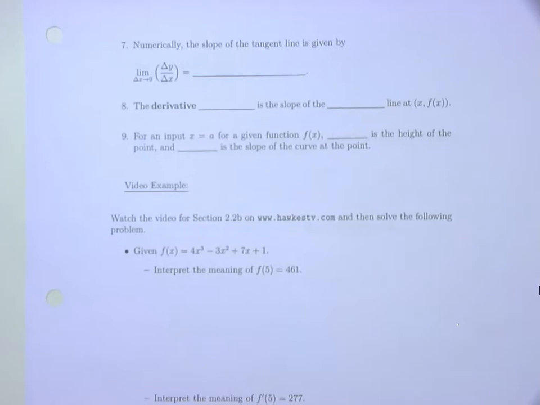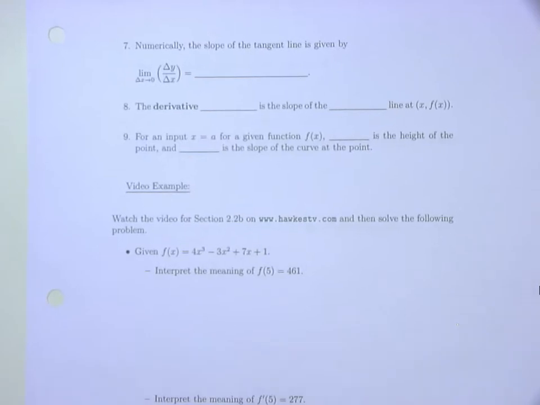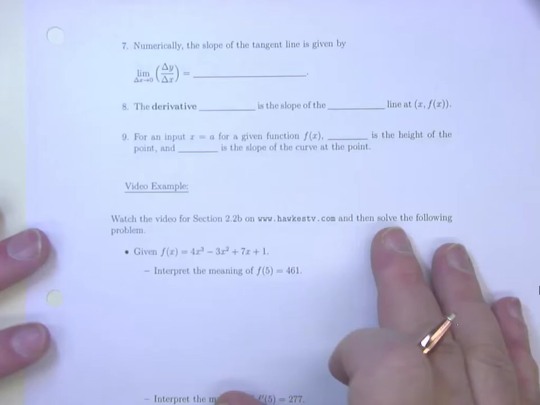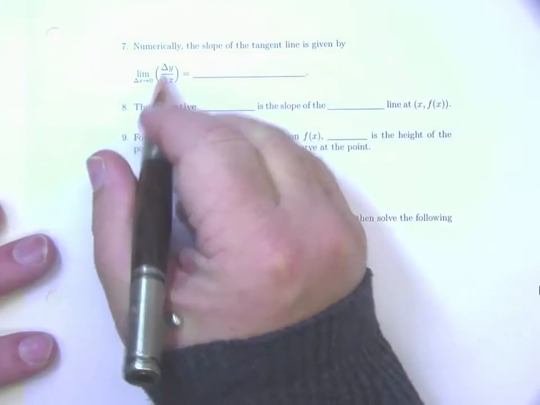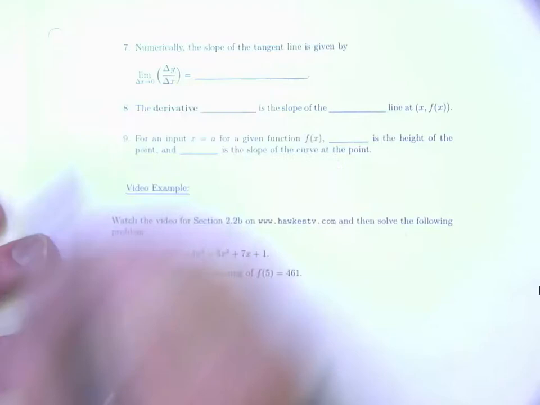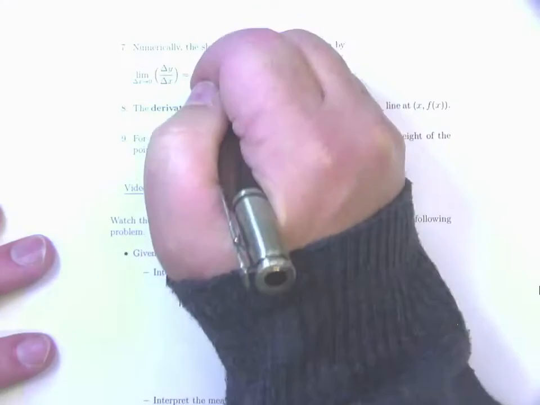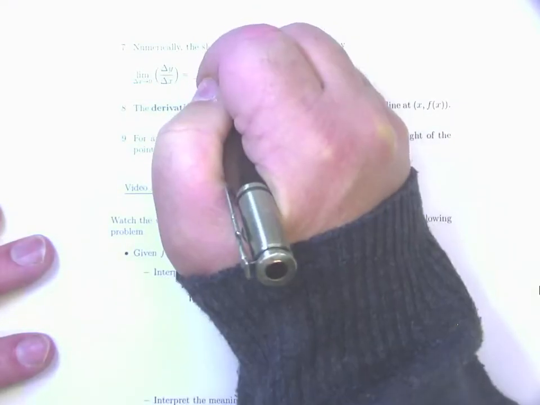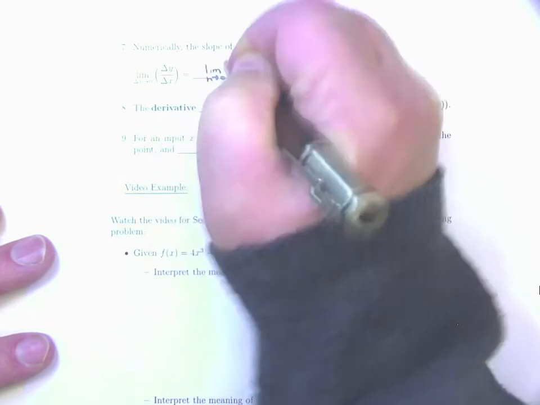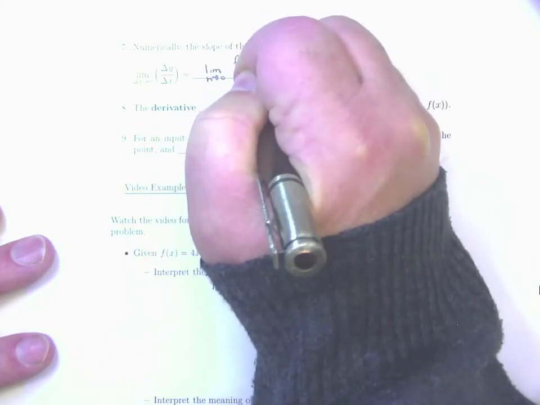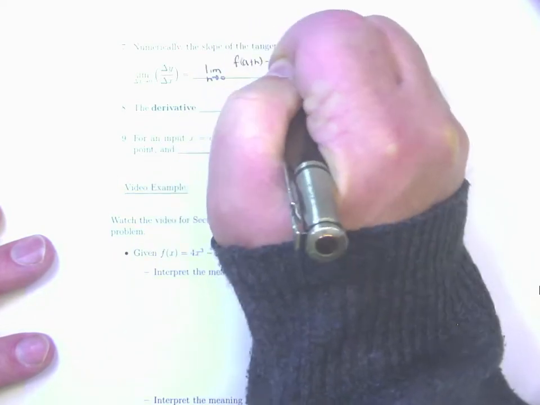Numerically, the slope of the tangent line is given by the limit as delta x approaches 0 of delta y over delta x, which is the same thing as this. Remember this formula? The limit as h approaches 0 of f of a plus h minus f of a, all over h.